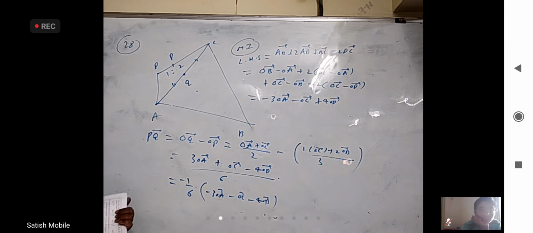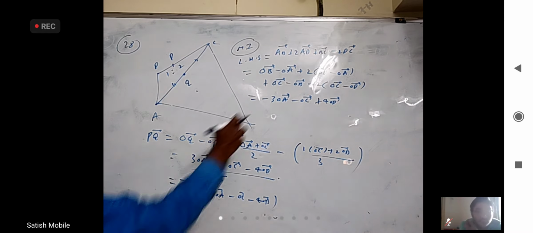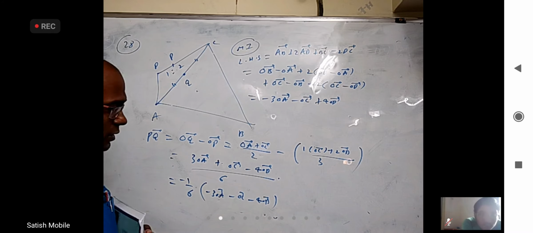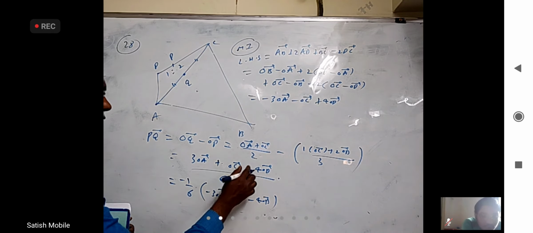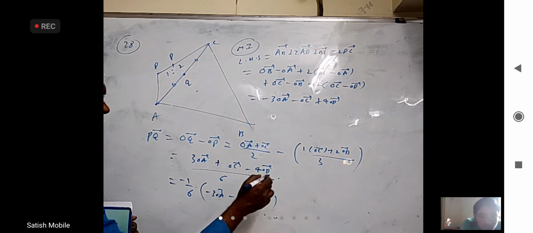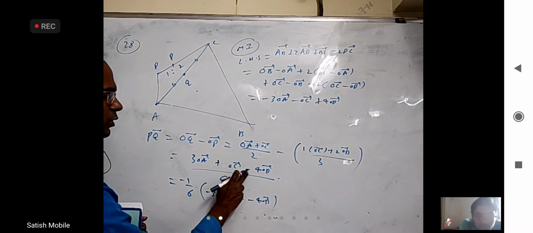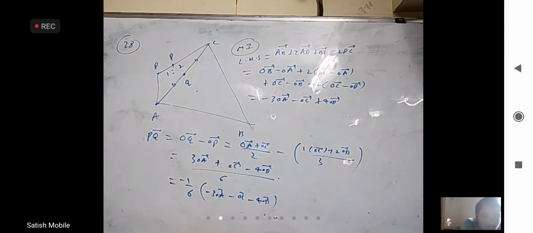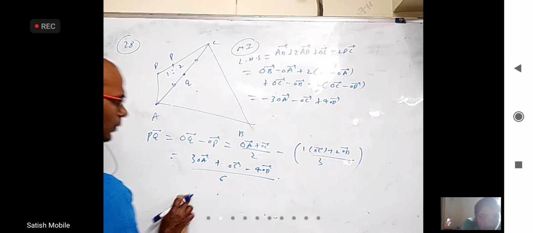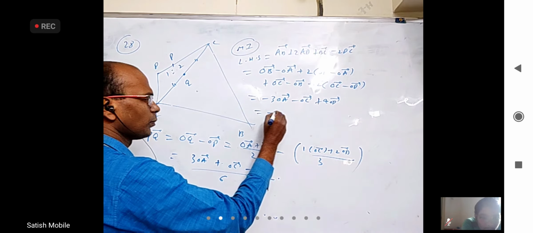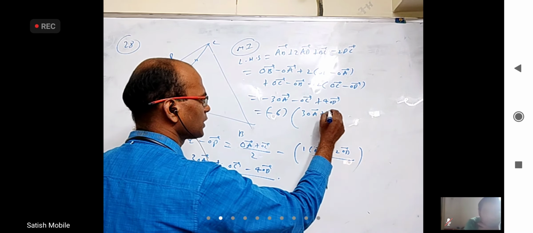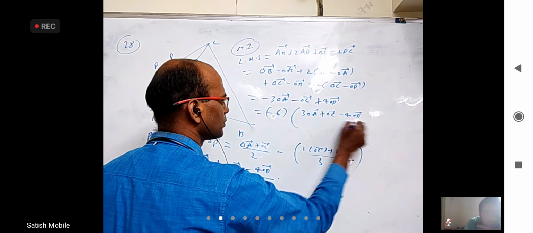Okay, what they want is K times PQ bar. They want us to express this in terms of this. Plus, this is plus 4 OD here also. Okay, but what about here? After taking minus common, I'm planning to erase this. And here I am going to take minus 6 and divide with 6 and write 3 OA plus OC minus 4 OD bar by 6.